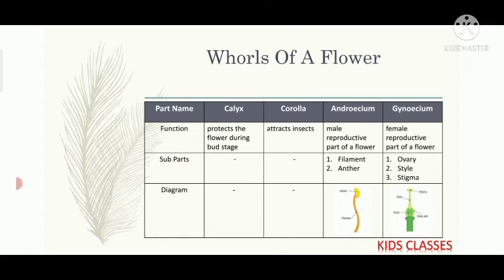So first is filament and the second is anther. You can see the diagram here. What is filament? It is long, thin and hair-like structure. So what is anther? The anther is a small sac-like bilobed structure. Bilobed means it is divided into two parts.